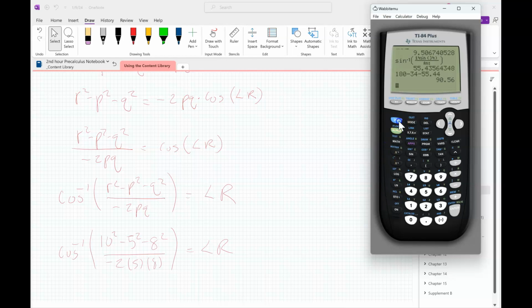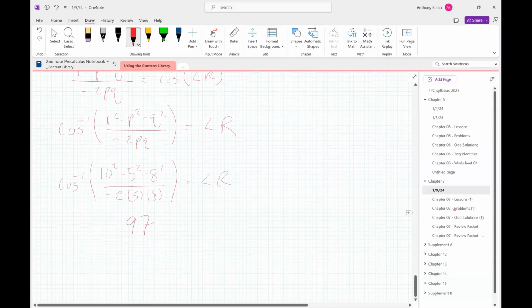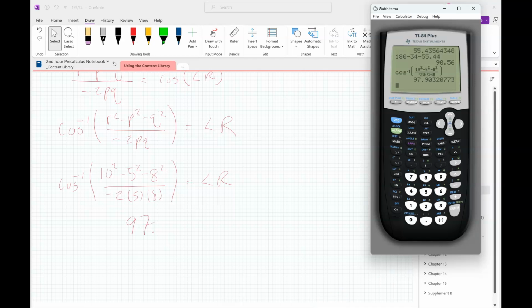Don't chunk it. Cosine inverse, fraction command, 10 squared minus 5 squared minus 8 squared over negative 2 times 5 times 8. Gives me 97.9.